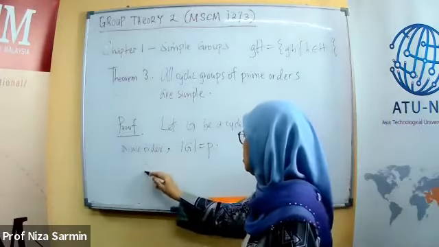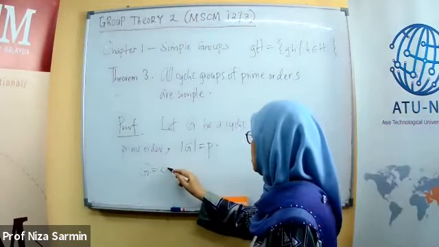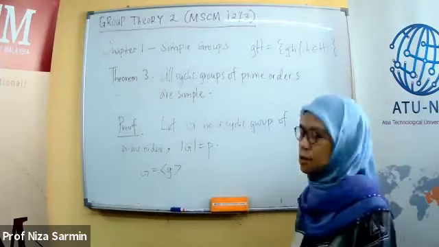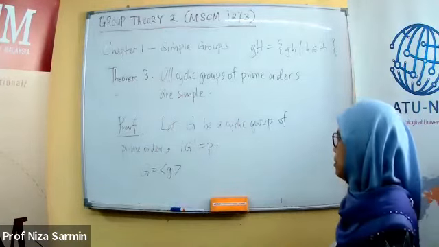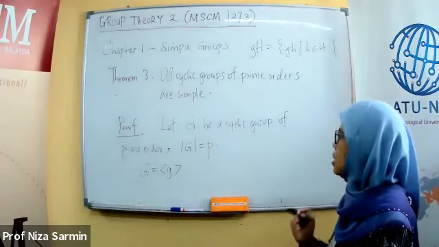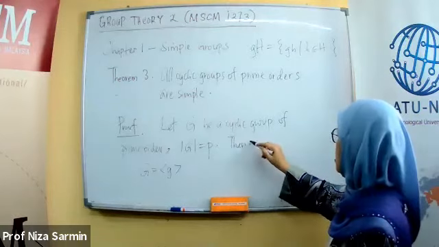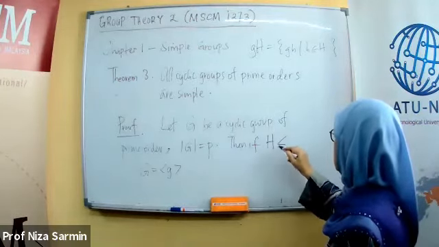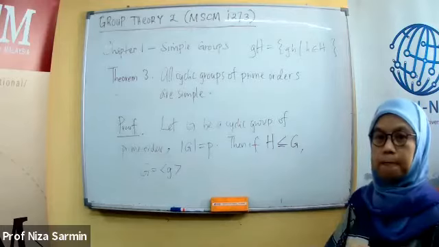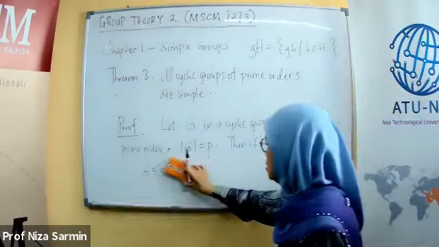Actually, you can put generator, right? If you want. Okay. Let G be a cyclic group of prime order. Then, if H is a subgroup of G, erase this first.